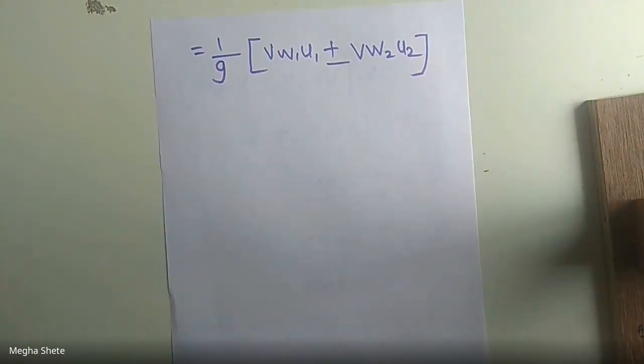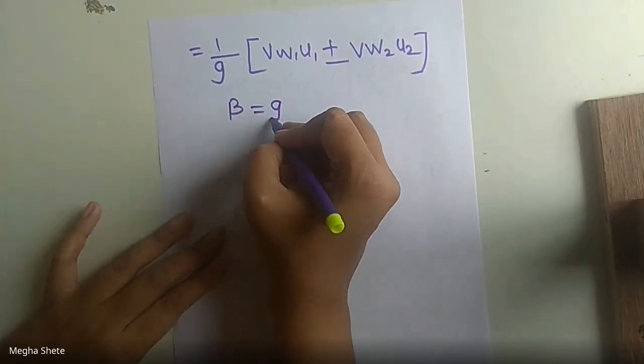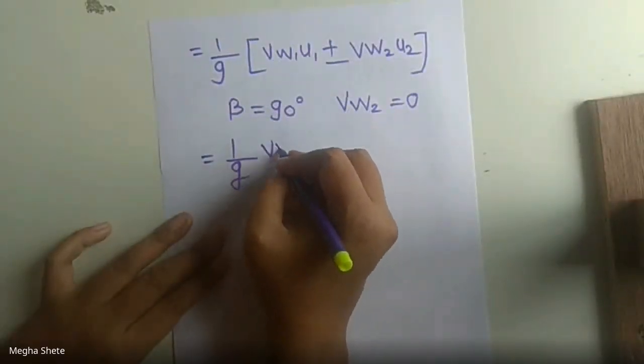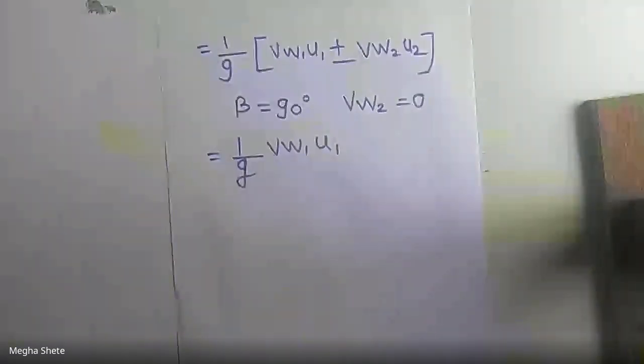And if beta is equal to 90 degrees, then VW2 is equal to 0 and the work done per second per unit weight of the water striking, our equation will become 1 divided by G into bracket VW1 U1. Now we will see what is the formula for hydraulic efficiency.